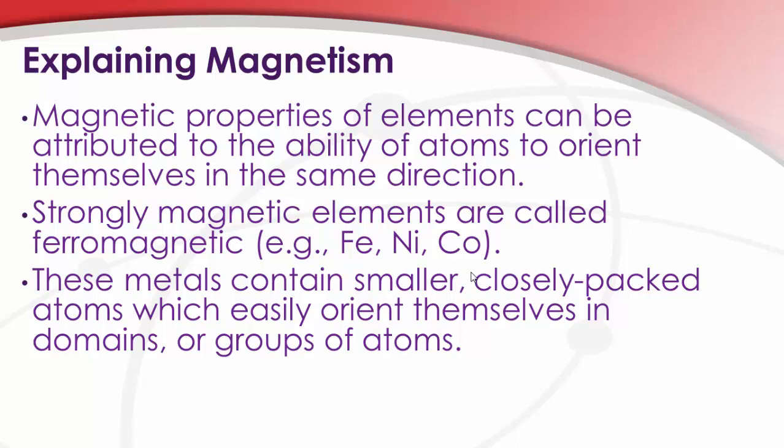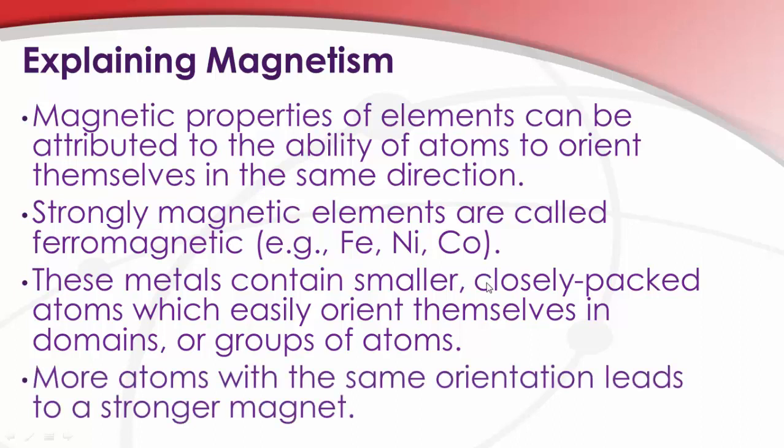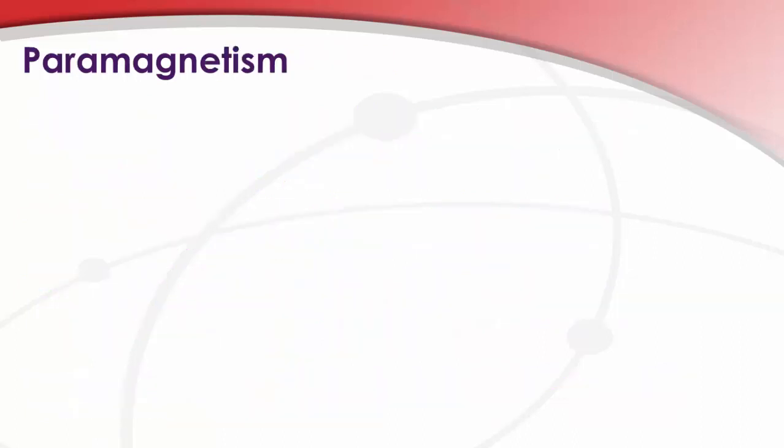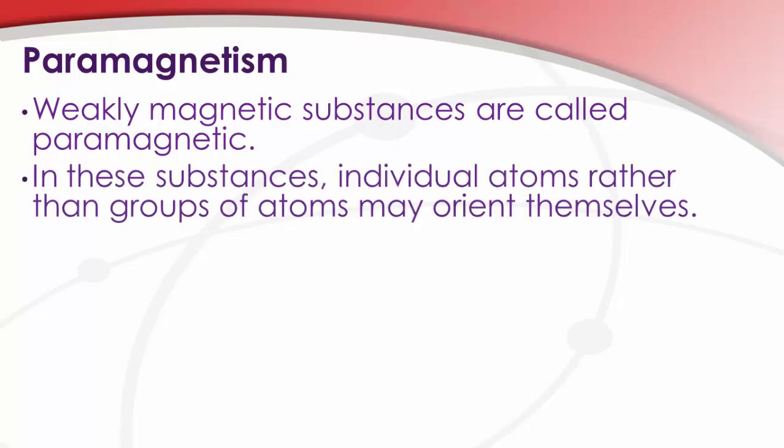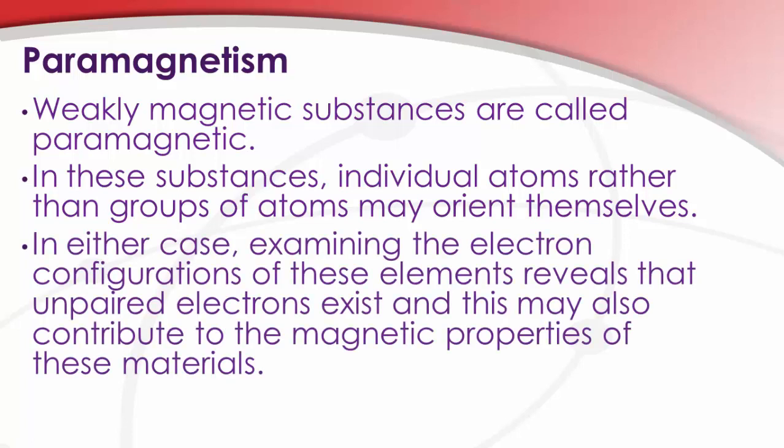These are ferromagnetic materials. The more atoms with the same orientation, the stronger the magnet. As it turns out, there are many more weakly magnetic substances, which we call paramagnetic substances. In these ones, what happens is individual atoms orient themselves, and only when in the presence of a strong magnetic field. We can actually rationalize this behavior based on unpaired electrons.